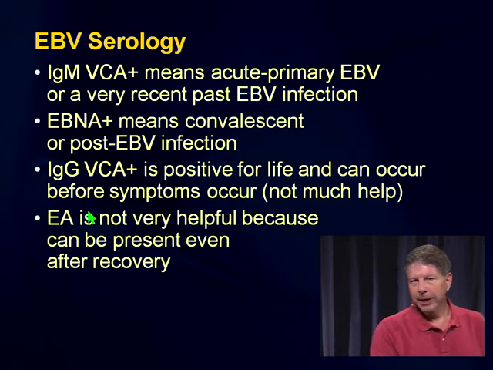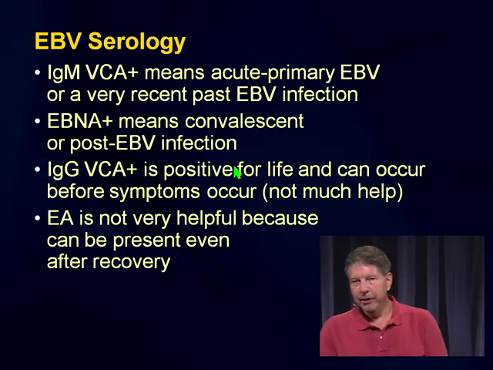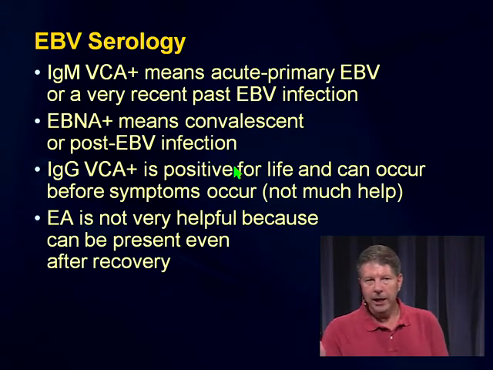All it tells me is you have a positive IgG, you've been exposed to it, got infected with it, and you may still be infected with it or you may not, but it stays with you for life. It doesn't help you at all. So particularly for EBV, IgG doesn't help me at all. It can be positive and acute, it can be positive and delayed. It can be positive that you had it 30 years ago. The EA is not very helpful either, so I would just ignore it.